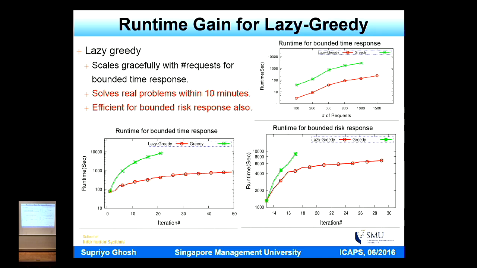Similarly, in these figures we vary the number of iterations in the x-axis, where in each iteration we are adding one base, and in the y-axis we show the runtime in logarithmic scale. Both figures show a consistent pattern, so the performance of the lazy greedy is much better than the greedy approach.